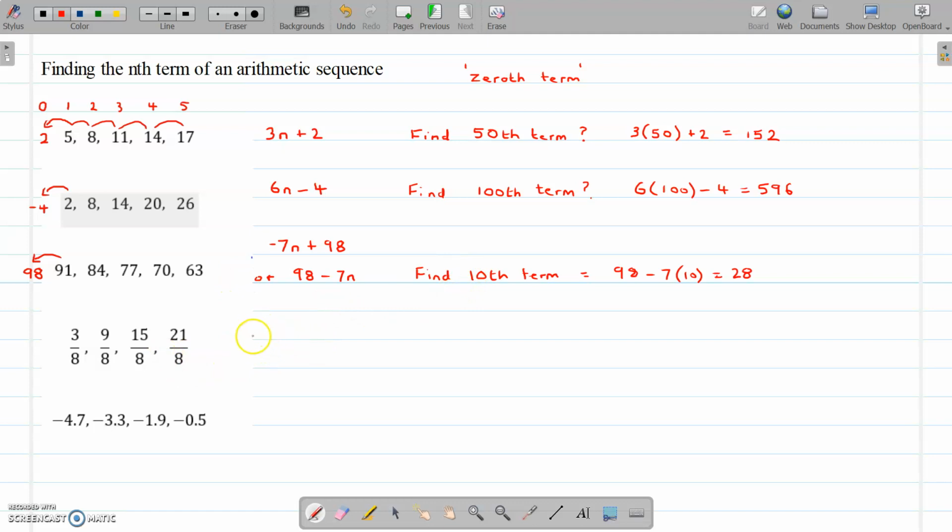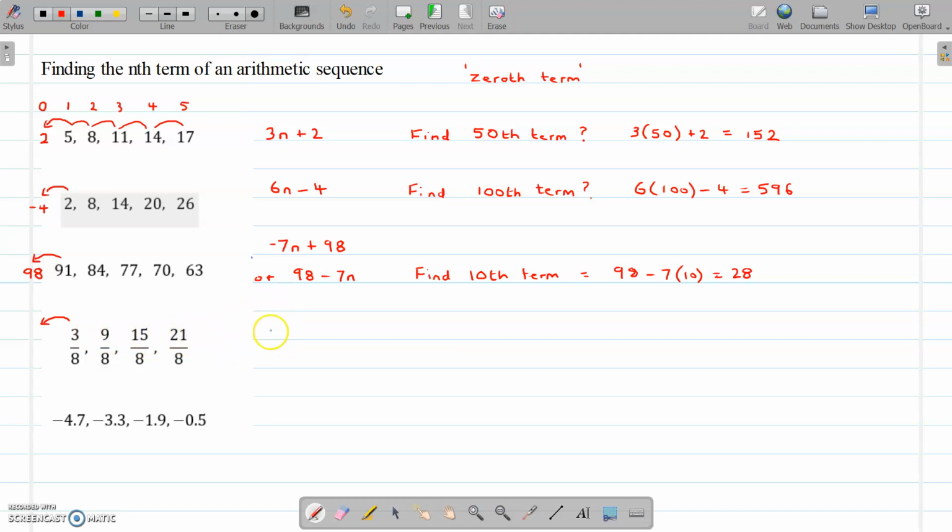Okay, next one. Well, this has got fractions in it, but that doesn't matter. You just do exactly the same. It's going up by 6/8 each time, right? 9 plus 6 is 15. 15 plus 6 is 21. And therefore we just carry on going up in 6/8 or 3/4.